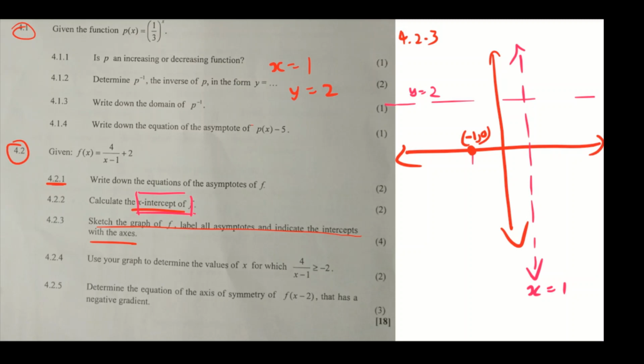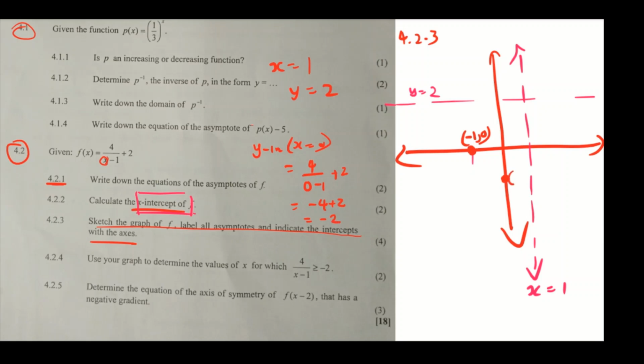And then my y-intercept, let's do it quickly because we need to identify the value of y here. When x is equal to 0, we're going to put 0, so it's going to be 4 over 0 minus 1 plus 2, which is minus 4 plus 2, which is basically minus 2.